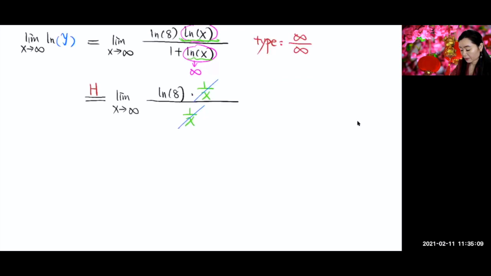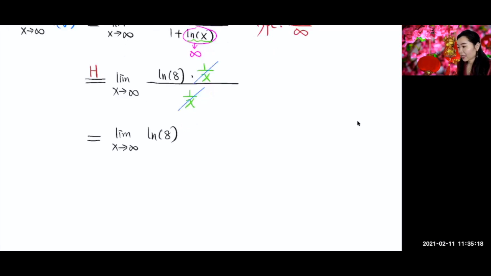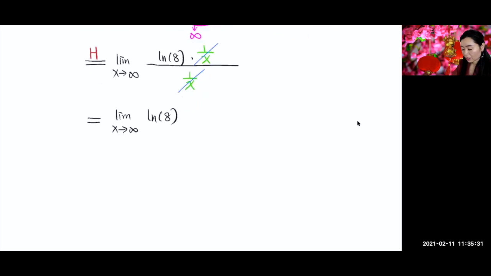So therefore, that will become this limit of Ln of 8. Well, Ln of 8 is a constant. The limit of a constant is going to be this constant itself, so it's not going to change. When x changes, this constant is not going to change. So this limit over here will be Ln of 8. Now remember, we are not done.